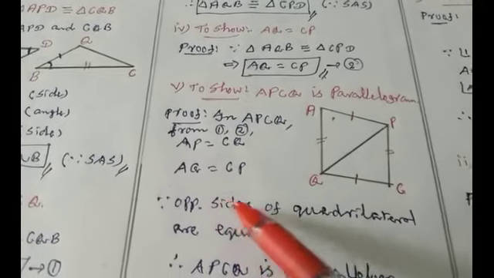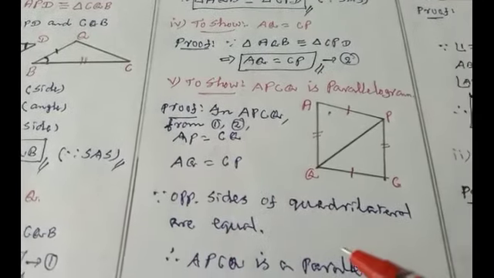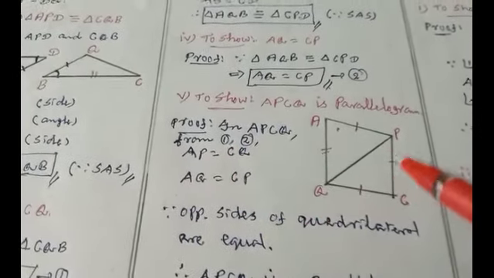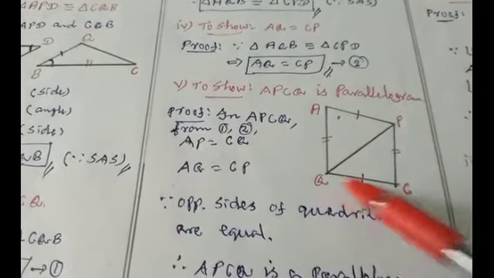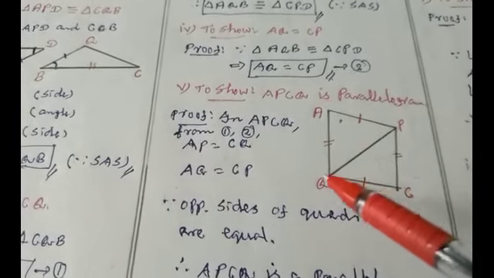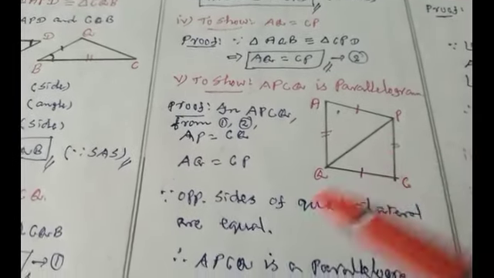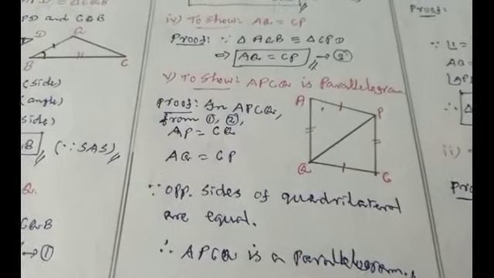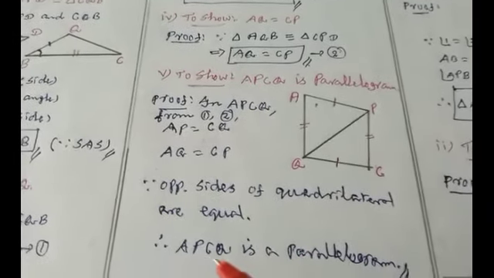Since opposite sides of the quadrilateral are equal, these are the two opposite sides, AP is equal to CQ and similarly AQ is equal to CP. Opposite sides of a quadrilateral are equal. Therefore, we can say APCQ is a parallelogram.